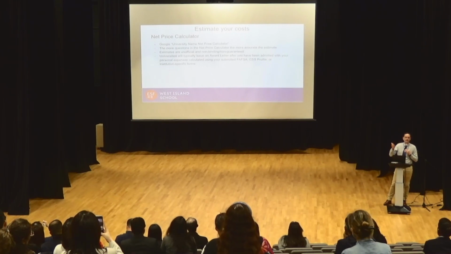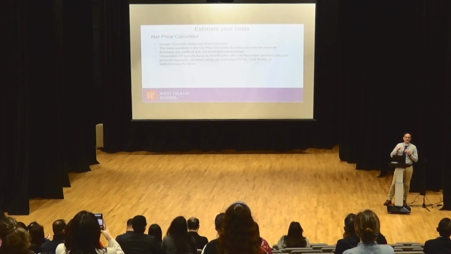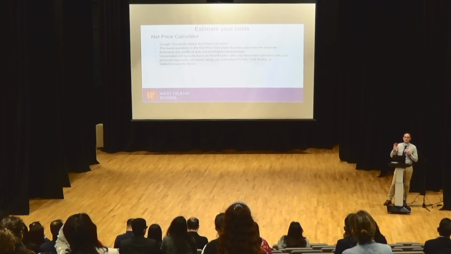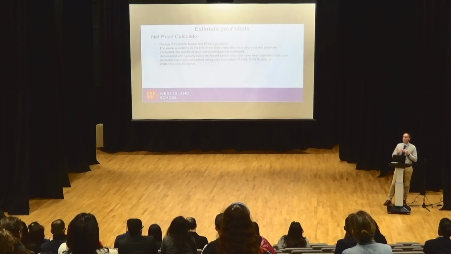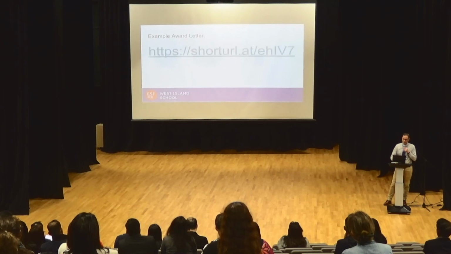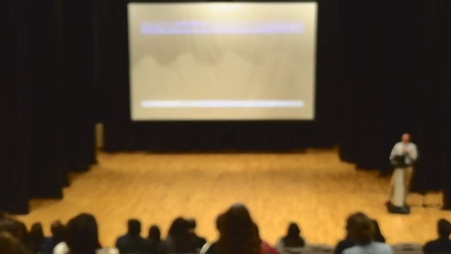When you get that number, it's important that you understand that that's not a binding number. That's just an estimate for you to have a basic sense. You won't know what your actual amount that you will be required to pay until later when you get your financial aid offer. I'm going to show this, and it's in the slides.